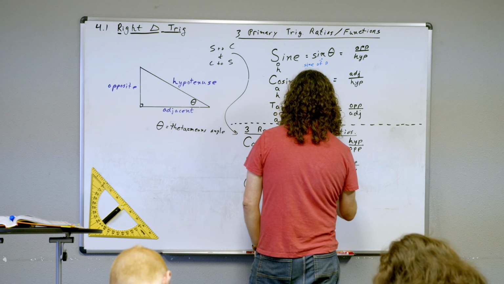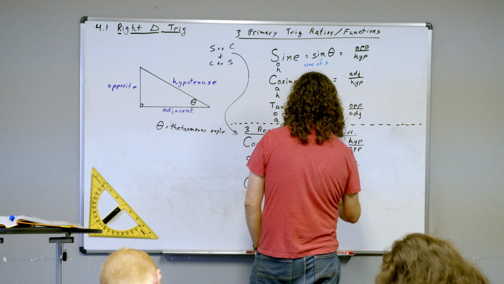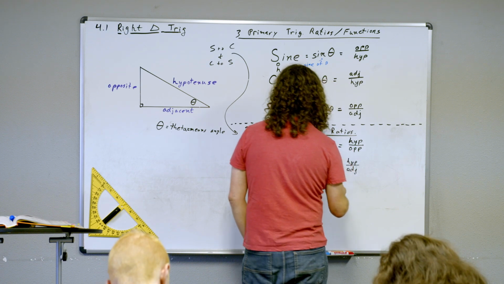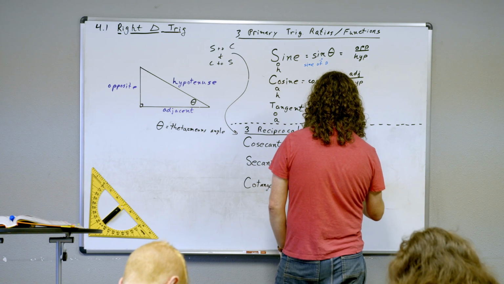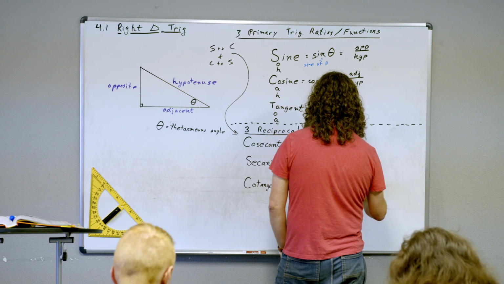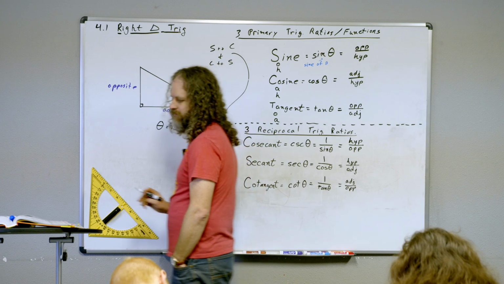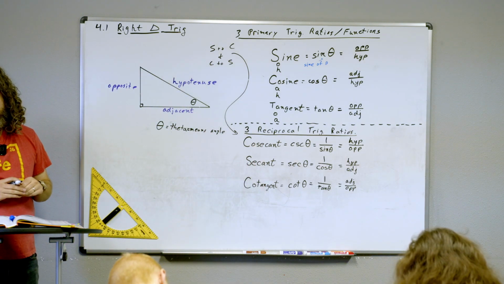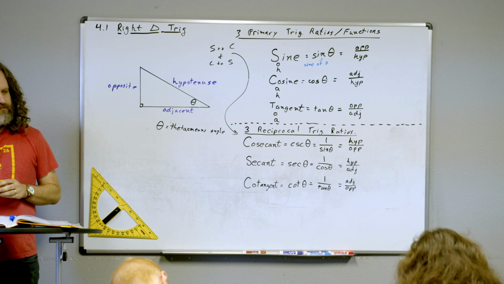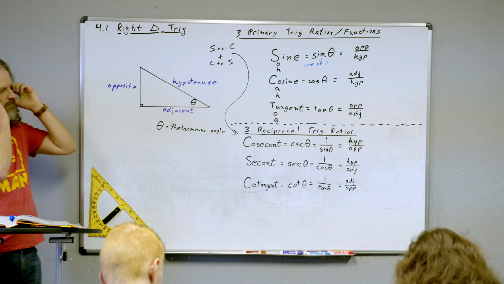And it is 1 over tangent, which means that it is adjacent over opposite. Makes sense? Easy peasy lemon squeezy?